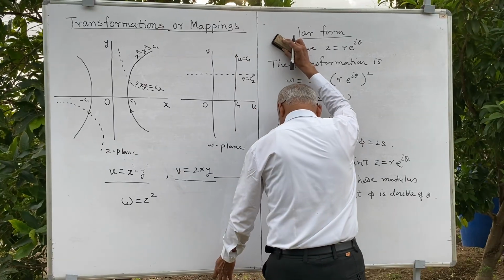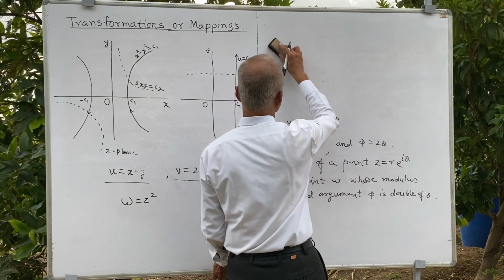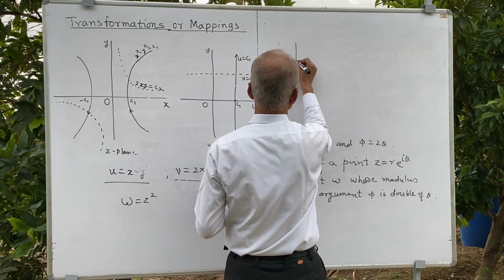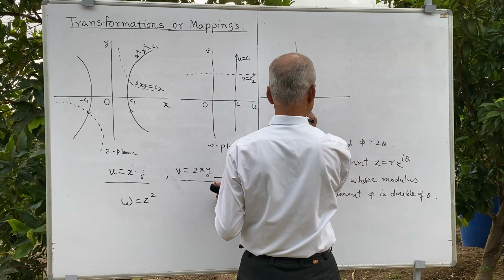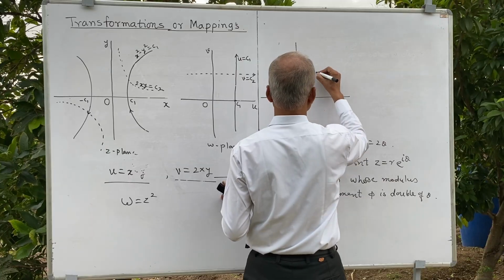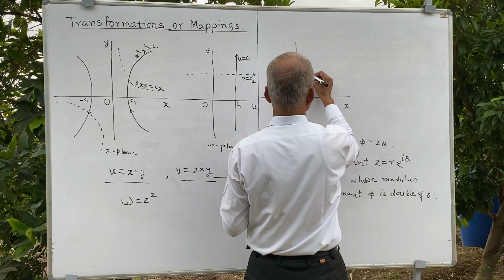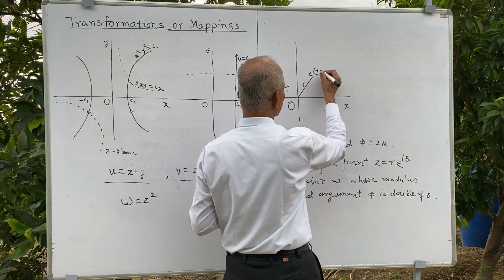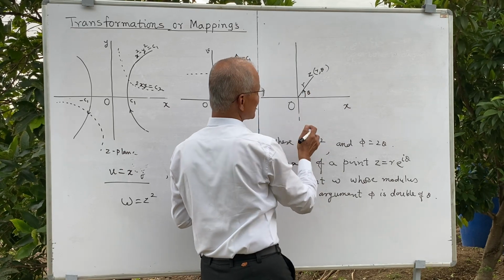I shall draw a figure here. So, we shall show this as the w plane, this as the z plane, and z is say this point. Suppose this is z and its coordinates are r, theta, that means polar coordinates, and this is r and this is theta. What is its image?